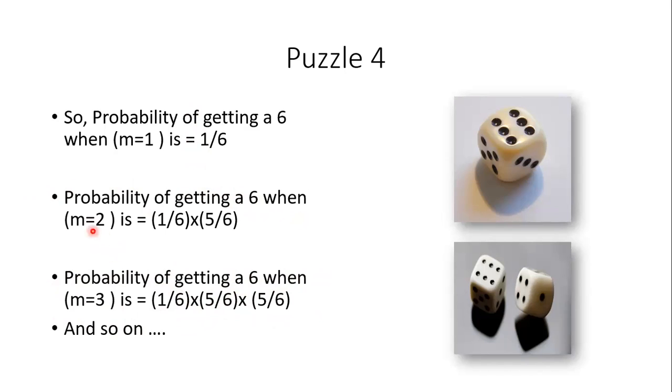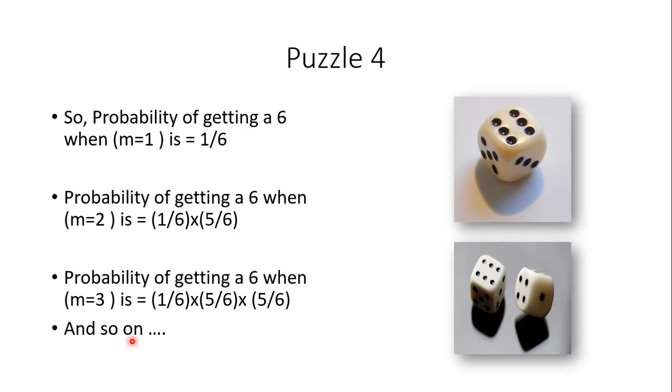When m is 2, the power is 1; when m is 3, the power is 3 minus 1, which is 2, and so on. If we roll the dice 4 times, the probability will be 1 divided by 6 times 5 divided by 6 to the power 3.